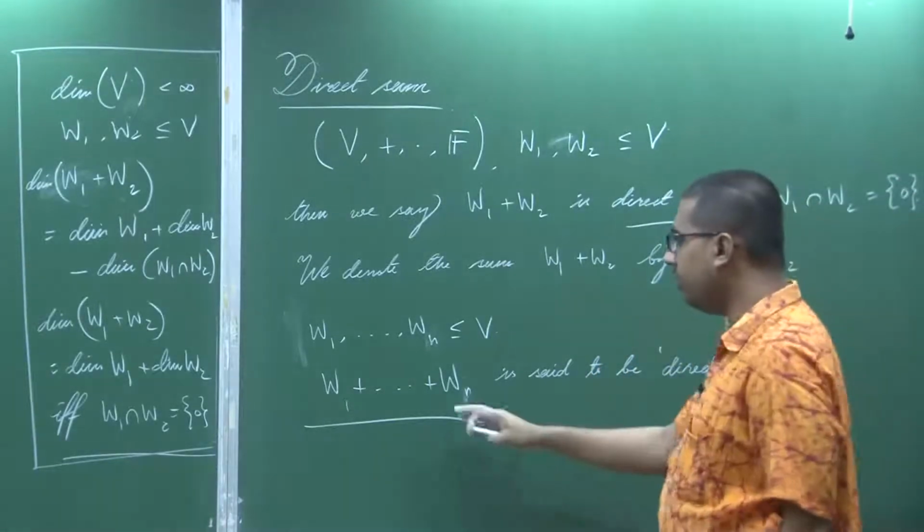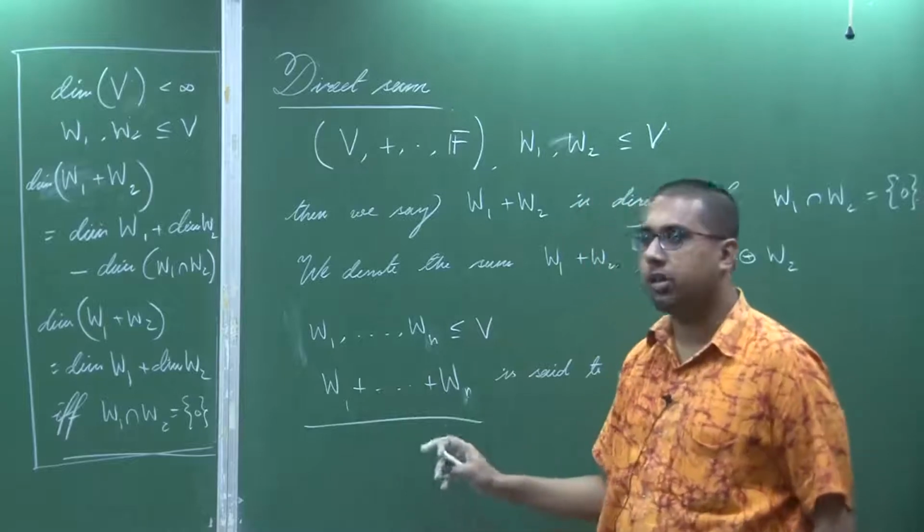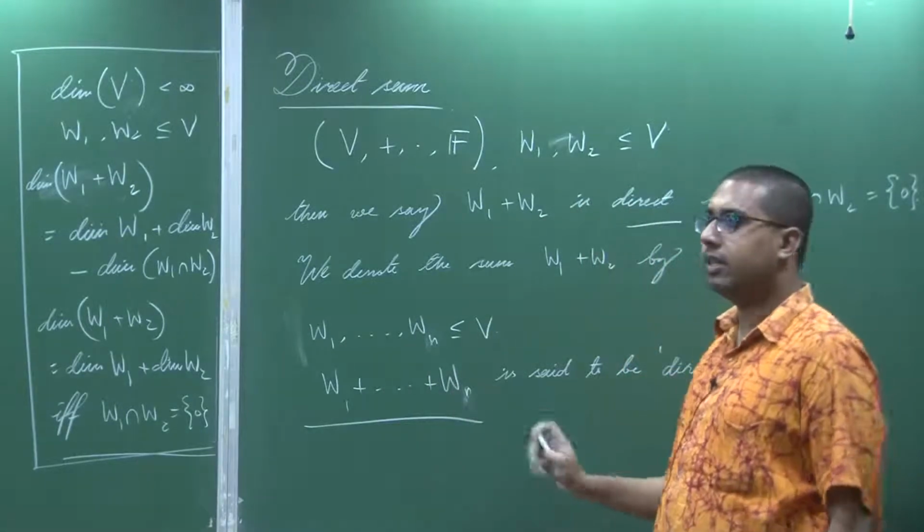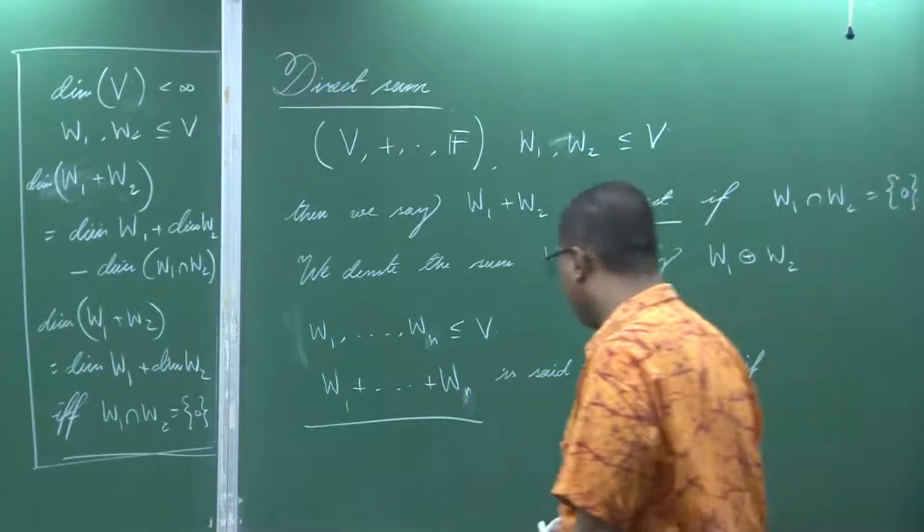so it is very tempting to write that any two intersection will be trivial, but this is not the case here. So, try to follow it properly.